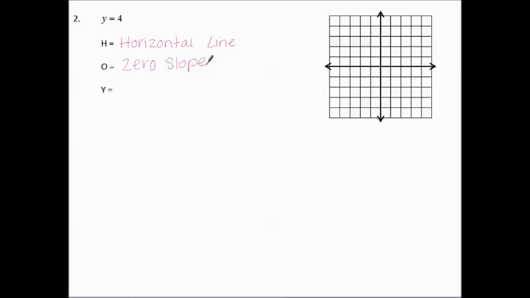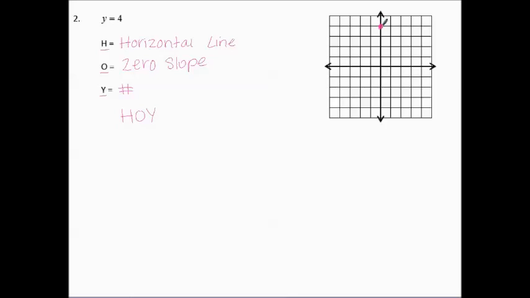And the equation is going to look like y equals a number. In this example, y equals 4. So we use this acronym HOI. You can write it out just like this. We use that acronym to help us remember which one is which. So for the y equals 4 line, I come over to my graph and I go up 1, 2, 3, 4 to y equals 4. I can put a point right there.